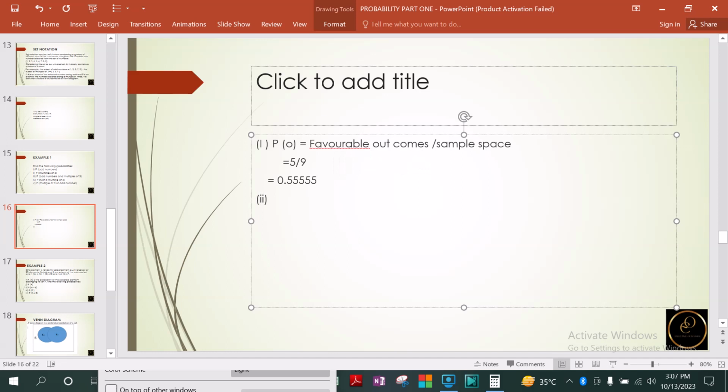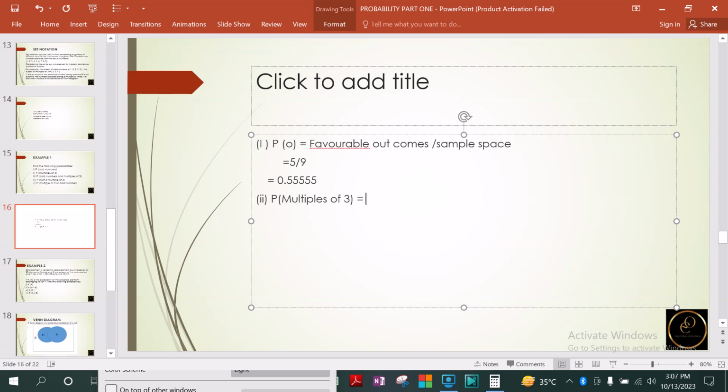For number 2, we are looking at the probability of multiples of 3. That's what we are looking for.